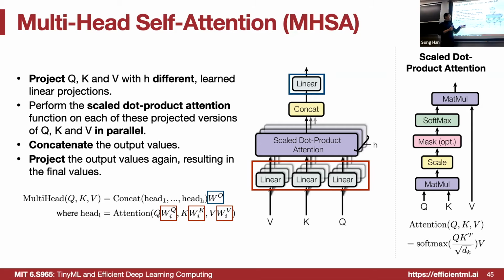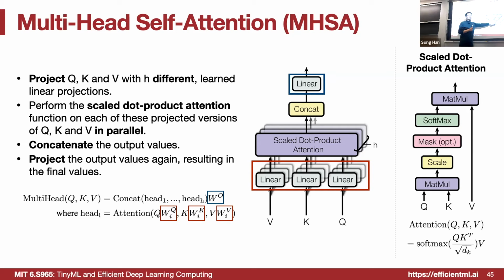So we can also have this QKV in multiple heads to capture different information, different representations. Right? So for each head, we have separate projection matrices for the Q, K, and V for different heads. Okay, we pass the Q, K, V through these transformation matrices, which is basically just a linear layer. Right?